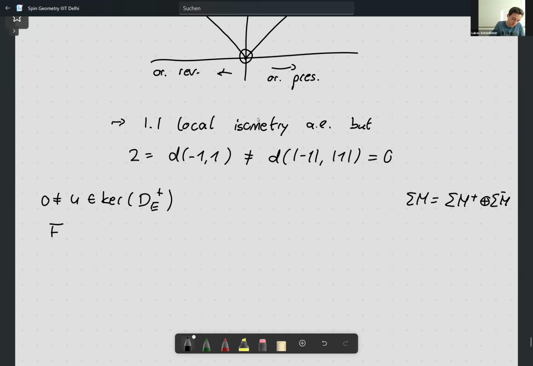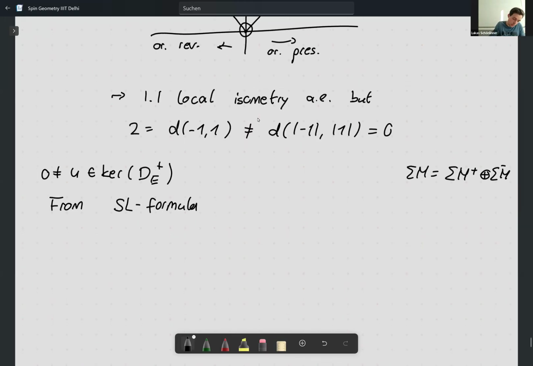And from the Schrödinger-Lichnerowicz formula, we did these estimates. We get first that e_i Clifford multiplication e_j, and then the second factor f^* e_i f^* e_j, acting on this harmonic spinor is actually the identity.